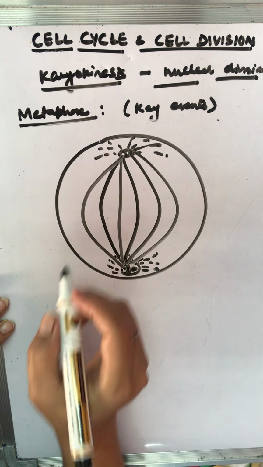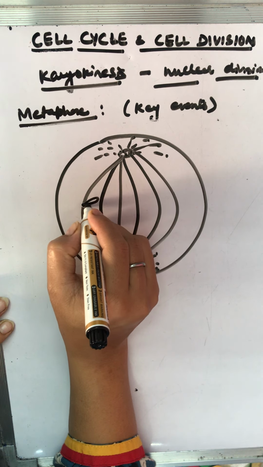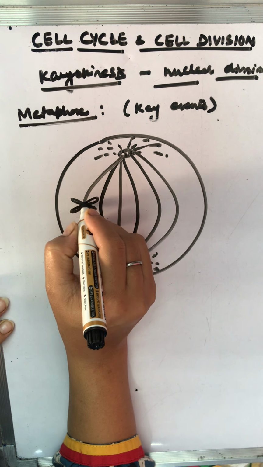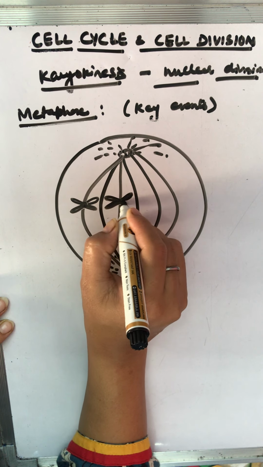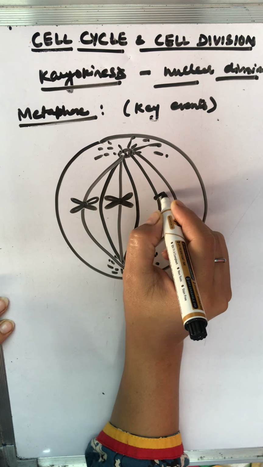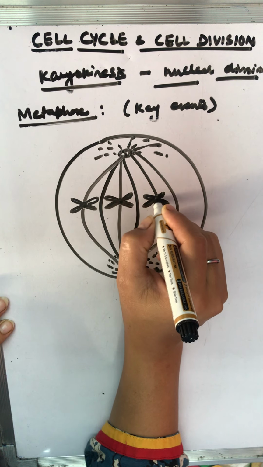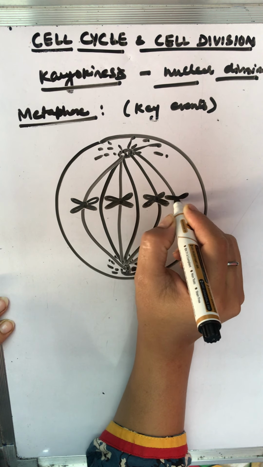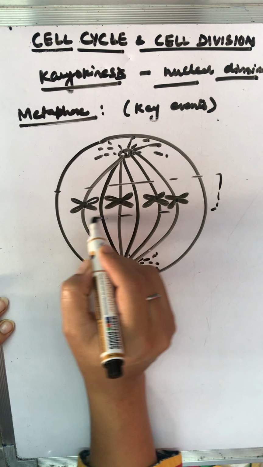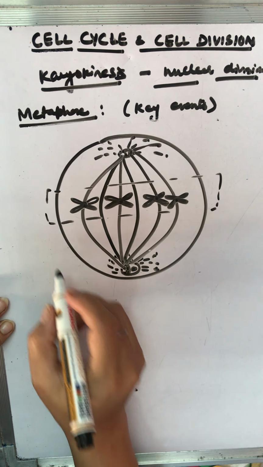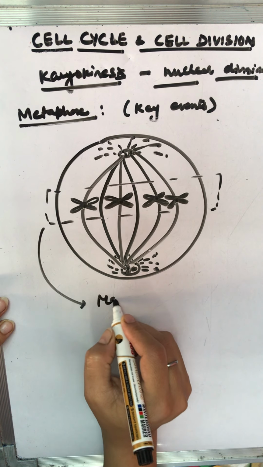To which these chromosomes lie at the equator, forming an equatorial plate. So once these lie at the equator, they form the equatorial plate, or we call it the metaphasic plate. This is the identifying feature of a metaphase stage. So what do they form?